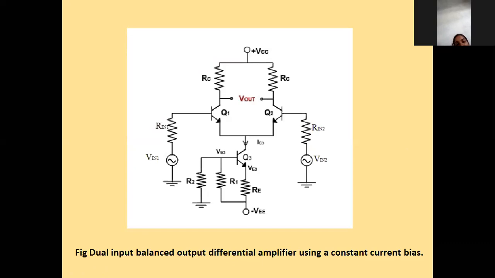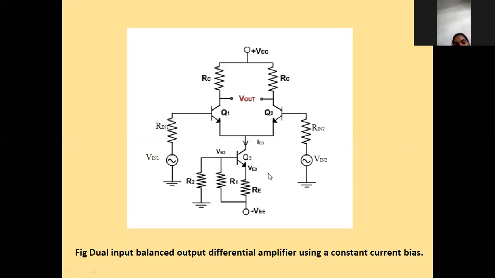As you know, RE is a resistance, and if we want the value of IE to be constant, then the value of RE should be very high. And if the value of RE is high, we can expect the value of CMRR to also be high.